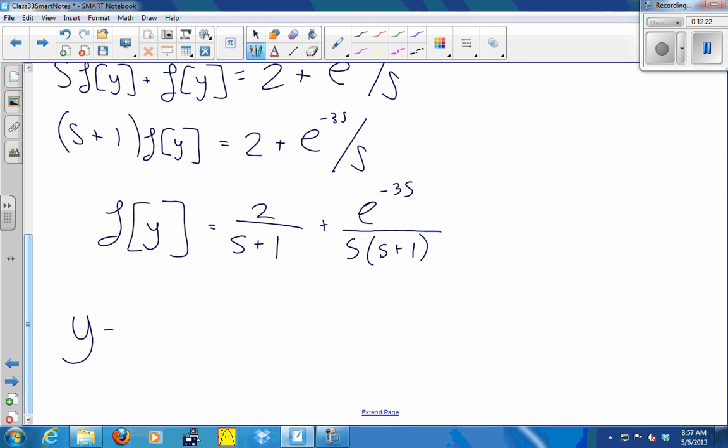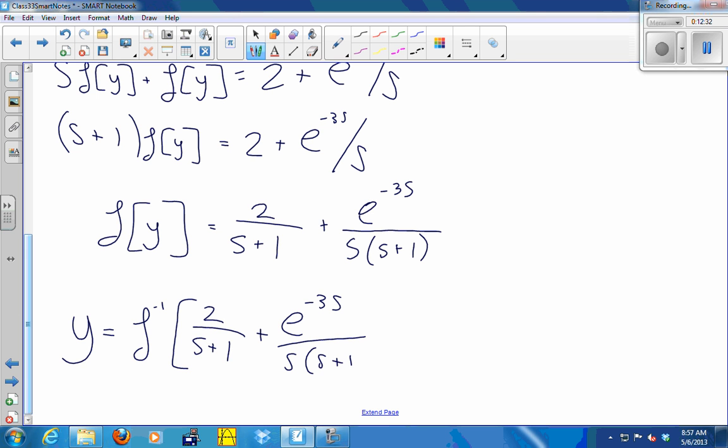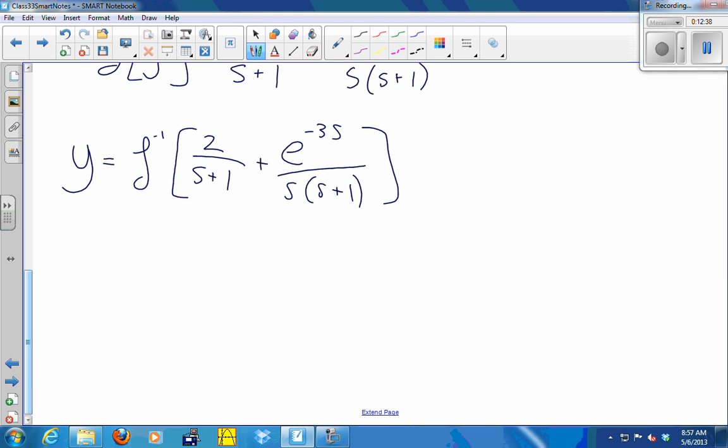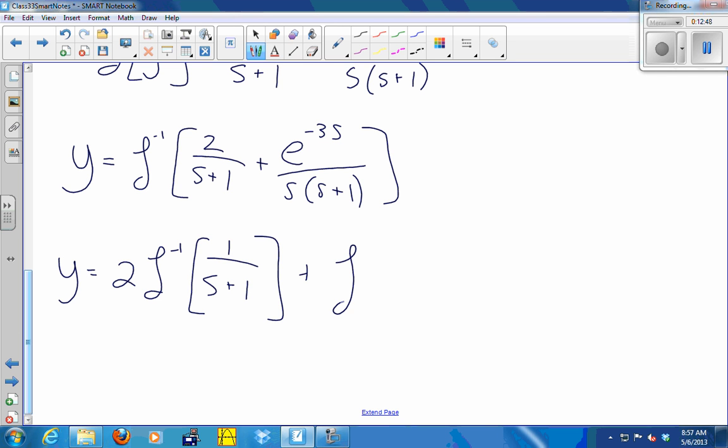I would say y is the inverse Laplace transform of the right side here. And then I can take the inverse Laplace transform of each thing separately. I pulled out the 2, yep.